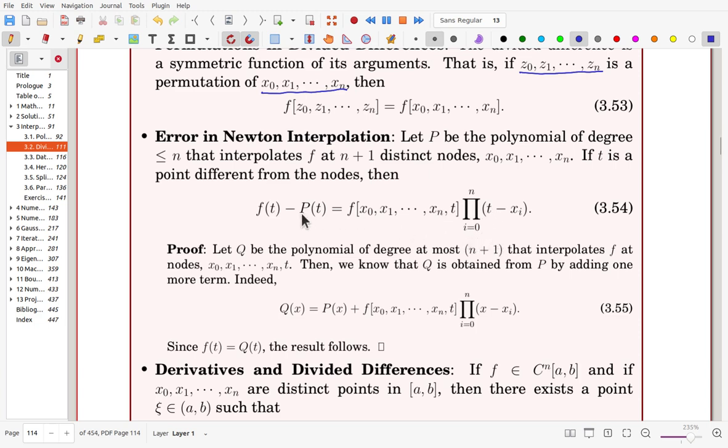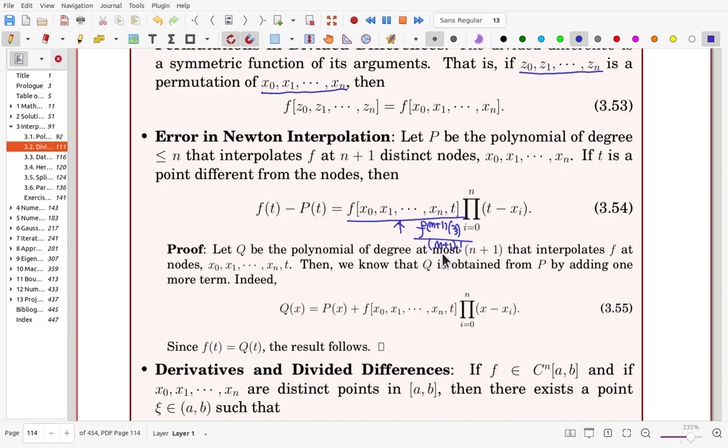In the original interpolation error theorem, this portion is f to the n plus 1 derivative evaluated at some point, divided by n plus 1 factorial.